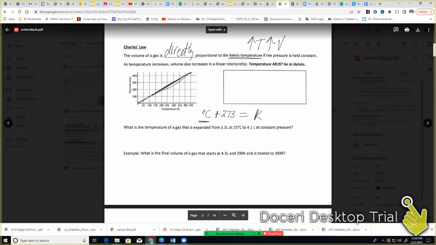As one is increasing, the other one is increasing too. So this one is V1T2 is equal to V2T1. Notice that the volume and the temperature, they're opposite. So in other words, if I have V1, it goes with T2. That's because of the direct relationship. And then the temperature has to be in Kelvin.